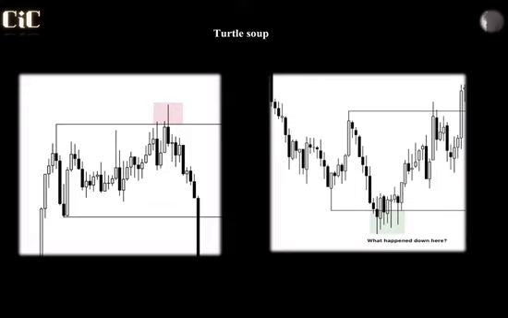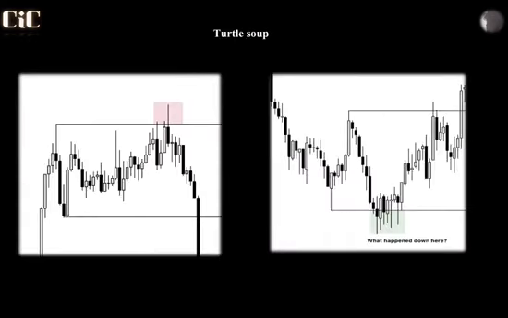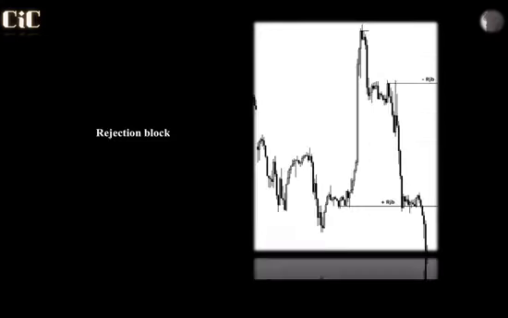Adding new short positions in the market, and then using that fuel to push higher and make some money out of the retail traders, right? So that's basically turtle soup. Rejecting old high or rejecting an old low in plain dumbed down English.